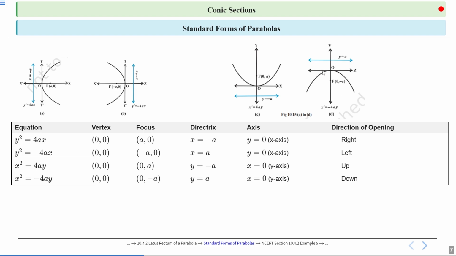Okay, and this parabola opens downwards.